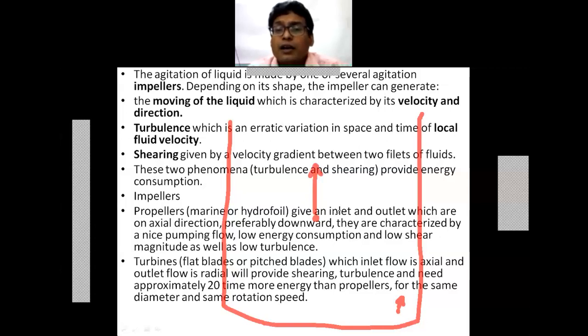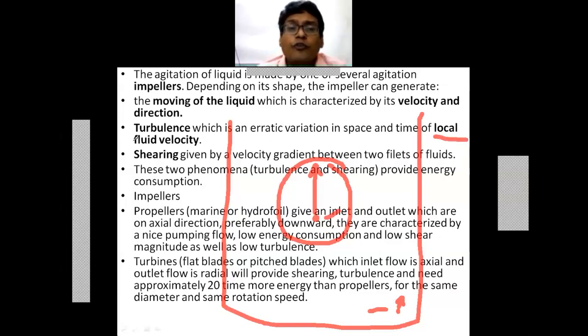So a fluid particle at this location and at this location will have different velocities. So where is the turbulence created? The more the velocity, the more the turbulence. So the particles near the impeller will have higher turbulence and higher velocities, and that is what we call the local fluid velocity. The fluid velocity at this particular point is the local velocity.